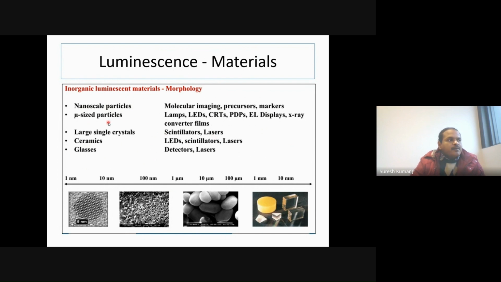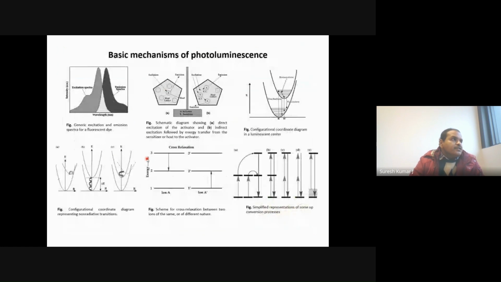Micro-sized particles are basically for lamps, LEDs, CRTs, PDPs, etc. Large single crystals are used in scintillators and lasers, ceramics in LEDs, scintillators and lasers as well, and glasses in detectors and lasers. The basic mechanism of photoluminescence is excitation and emission.